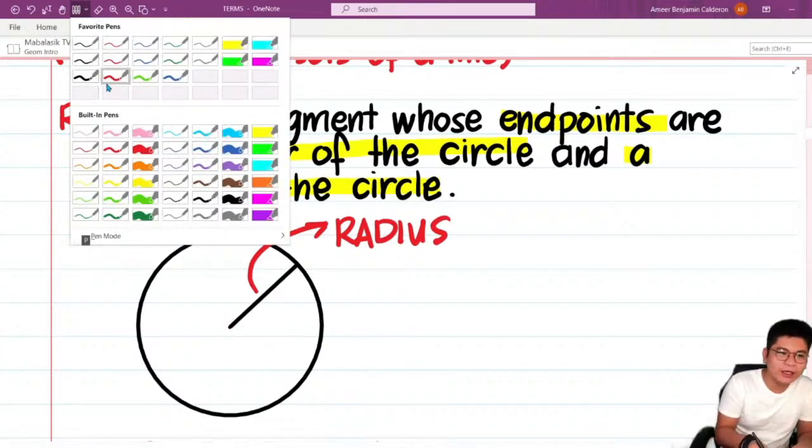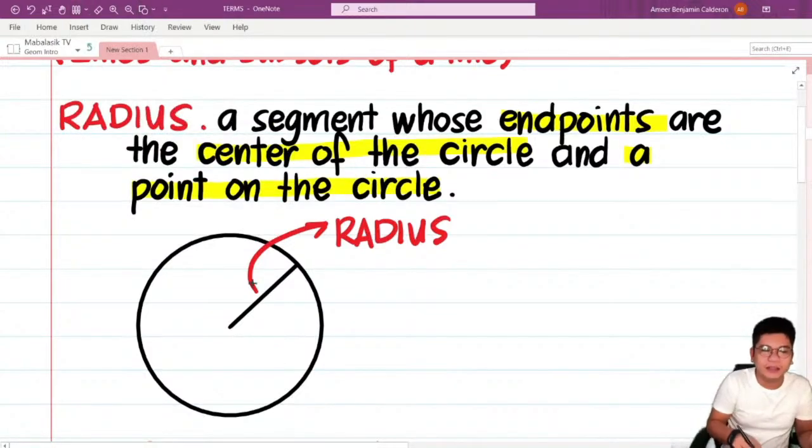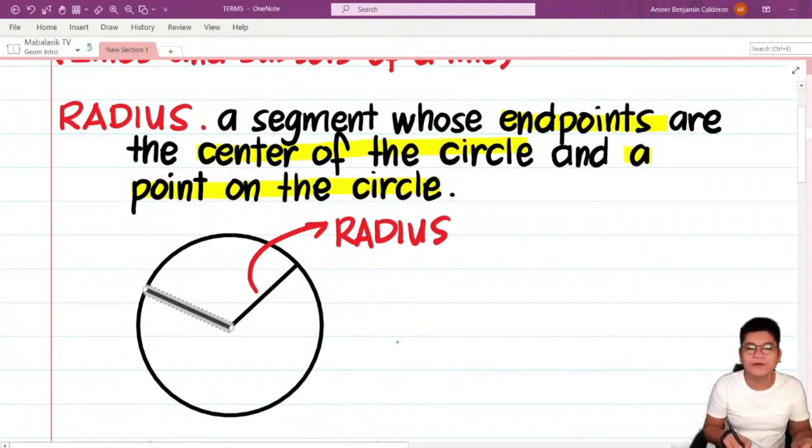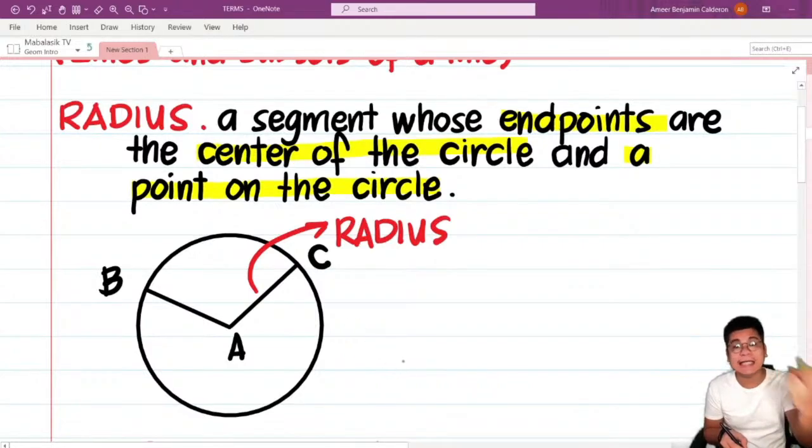SirABC, can we draw another radius in the same circle? Yes, actually, it has infinitely many number of radii. Radii being the plural form of radius. Ayan, radius din yan. Pwede pa yung mag-drawing dito, tsaka pa ganon. Lahat yan, mga radius yan. So, if this is circle A, this is point B, and this is point C, then we have two radii.